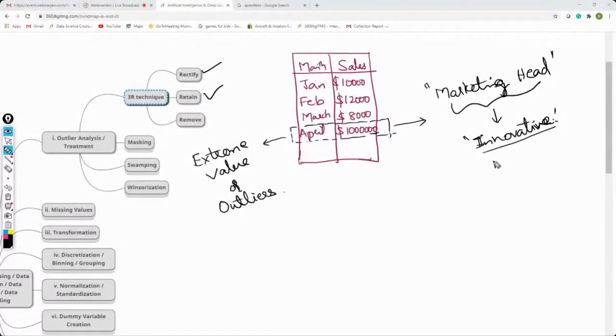He made us spend $1.2 million on this, and we got only 1 million in return. And the board of directors are planning to terminate him. Oh, is it? So you'll not try out any such marketing strategies in the future? No, we will not. If you're not going to try it out, remove it, because you will not find these kind of numbers in the future.